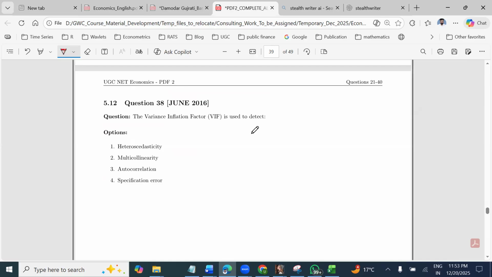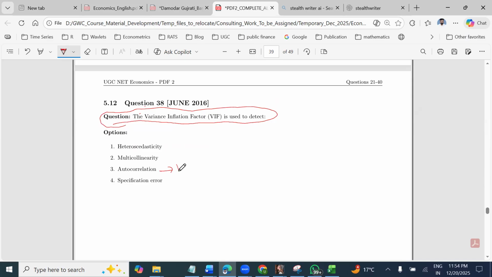So now we'll go to the next question. This question is also not there. June 2016. So variance inflation factor is used for what? Let us see. What is the correlation of? Okay, this is Madhusudha.